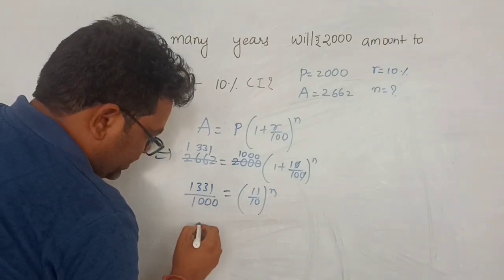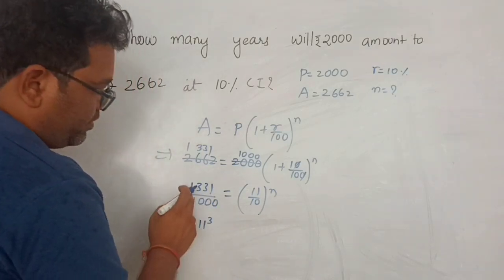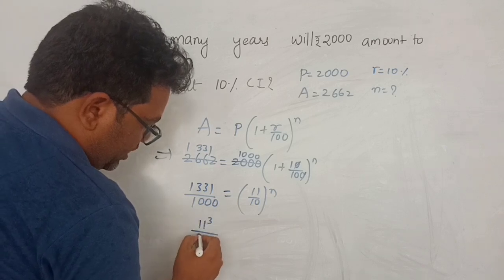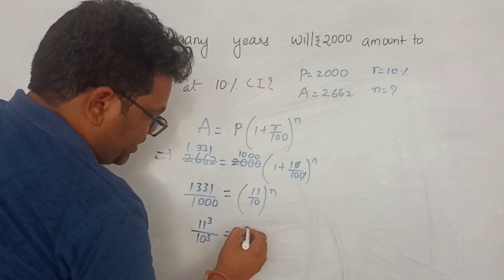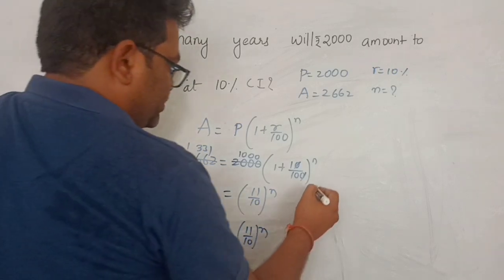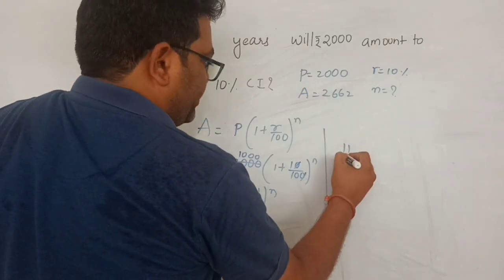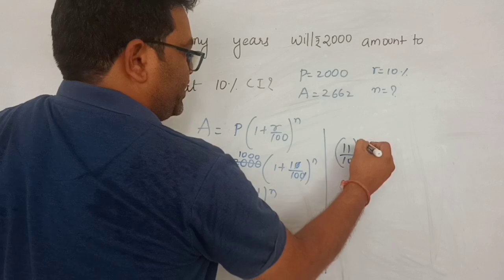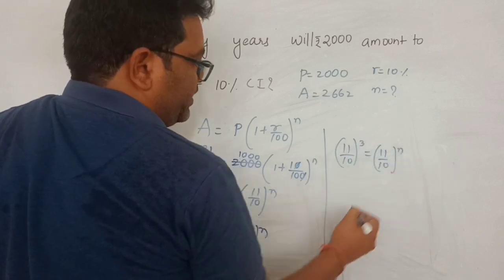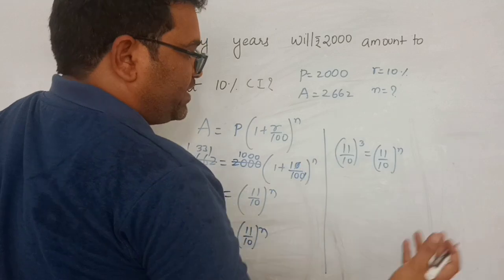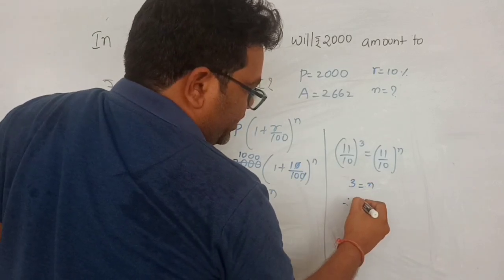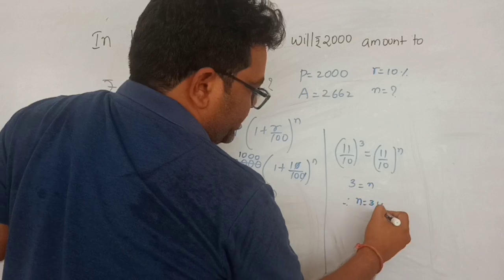So here 11 cubed is 1331, and 1000 means 10 cubed, is equal to 11 by 10 whole to the power of n. So that means 11 by 10 whole cubed is equal to 11 by 10 whole to the power of n. If bases are equal, then powers are also equal, then 3 is equal to n. Therefore n is equal to 3 years.